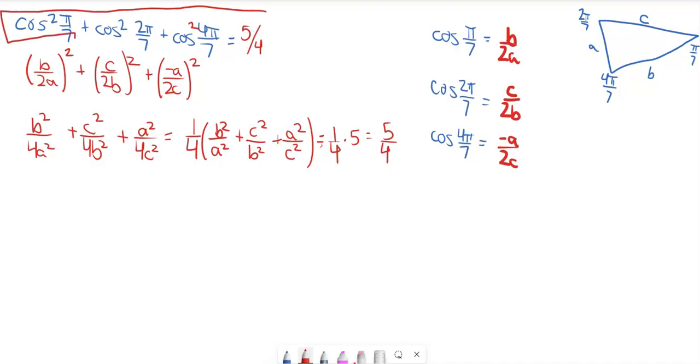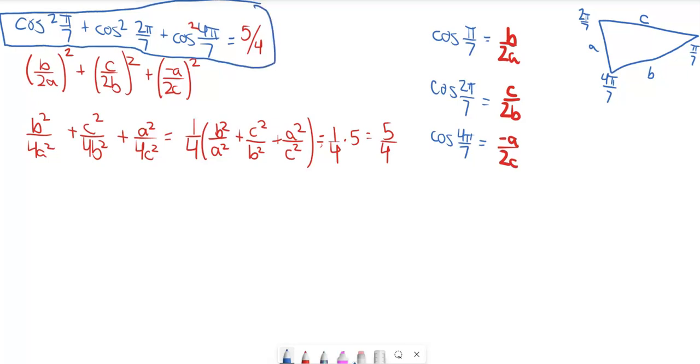And one of the interesting things about this is this calculation actually popped up in the calculation of sine of pi over 7 times sine of 2 pi over 7 times sine of 4 pi over 7 equaling root 7 over 8. I didn't realize that until after I had done the calculation, and I always found that interesting. Okay, we're going to move on to the next problem set here in a second.